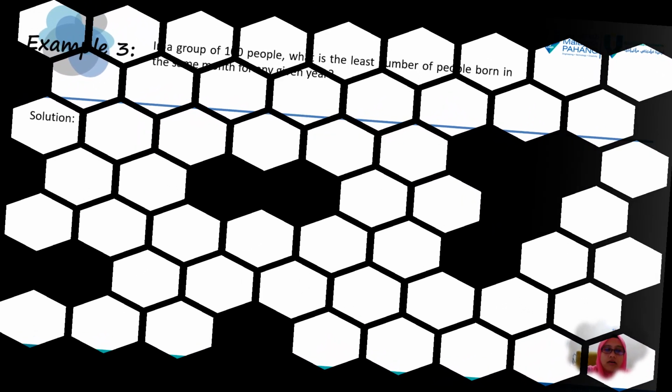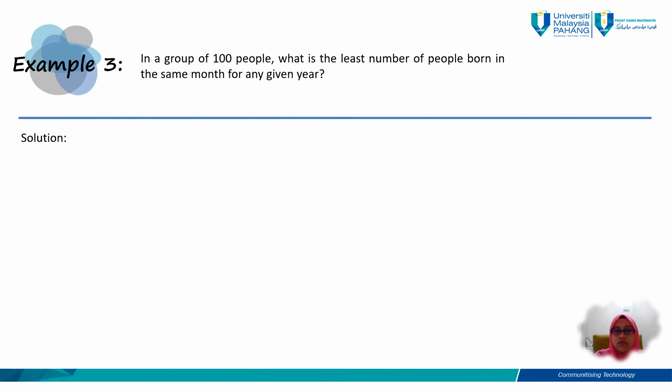Alright, so let's go to example number 3. In a group of 100 people, what is the least number of people born in the same month for any given year? Okay, so from here, we have 100 people.